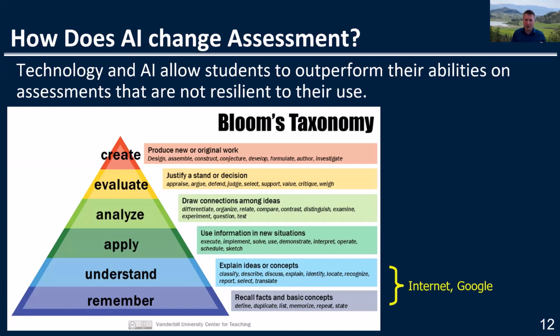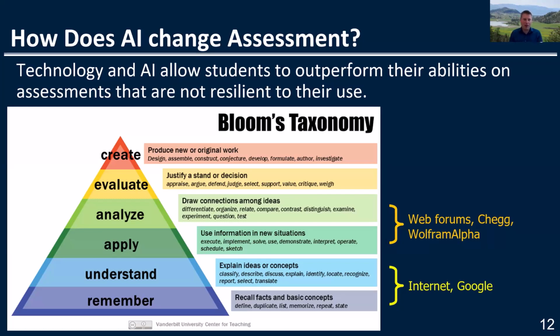So the bottom level has been for multiple years, any facts, understand and remember, Internet and Google had that covered. If you didn't know what it was, you could just look it up. There's been also a variety of tools and systems out there like web forums, Chegg, Wolfram Alpha, that for specific use cases can solve problems really well, or basically a repository of problems for students to use.